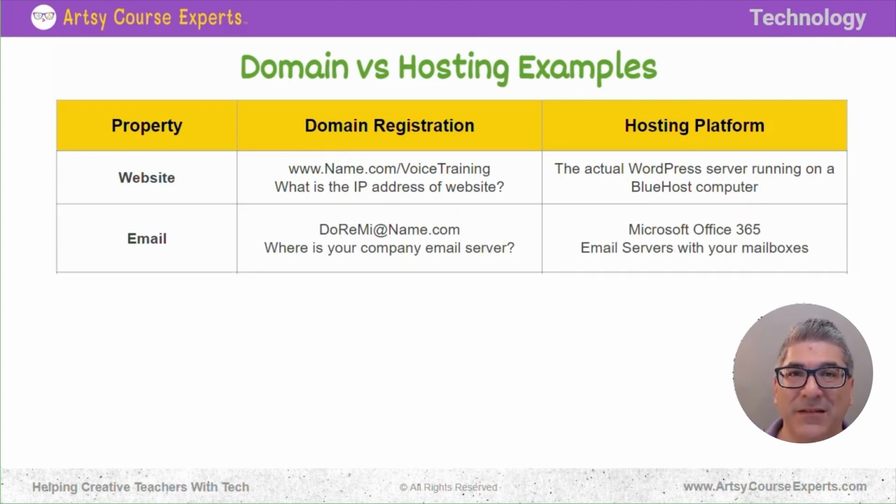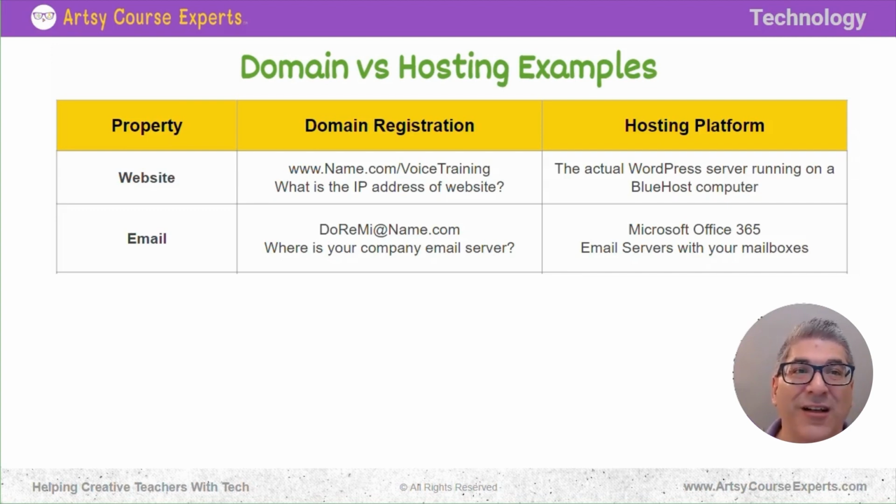Next up is email. You may have a variety of emails at your business. Let's just say you have an email called doremi@name.com, and you're trying to send an email to that person. Your mail program is going to say, hey, domain for name.com, where is your email server? I need to send a message to this destination. Behind the scenes, you may have used Microsoft Office 365.